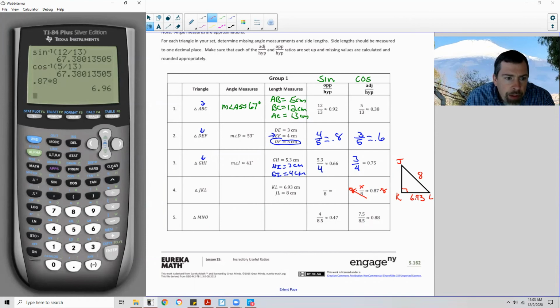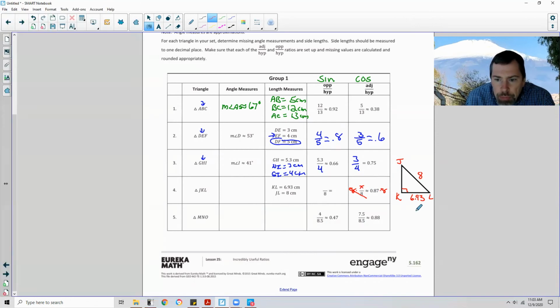Okay. I have 6.93. That's KL. If we're talking about angle L, adjacent over hypotenuse, so this is 6.93 here.